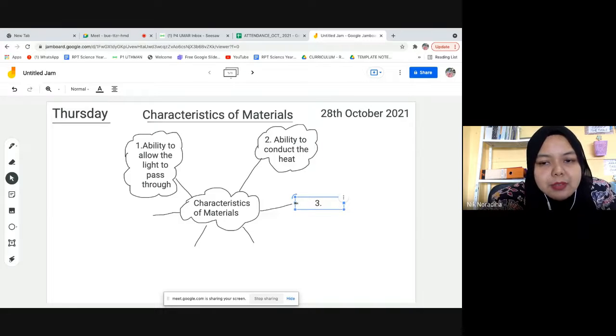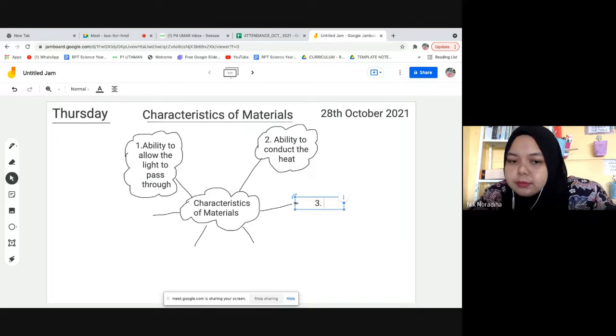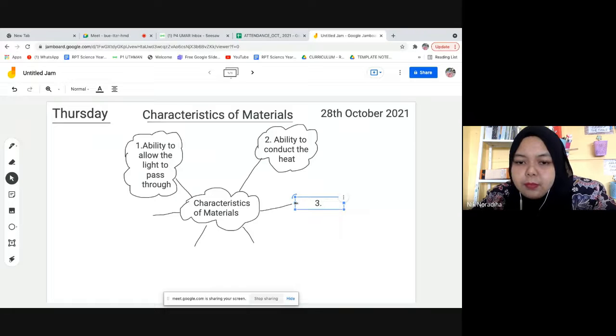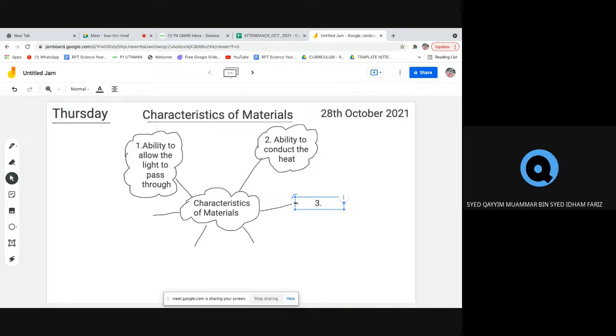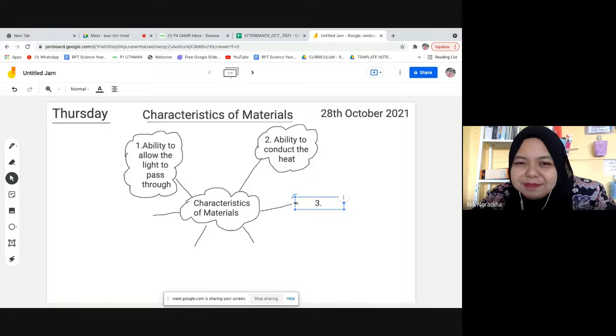Allow the light to pass through, allow the heat to pass through. Teacher, I know. Absorb water. Koyim, right?